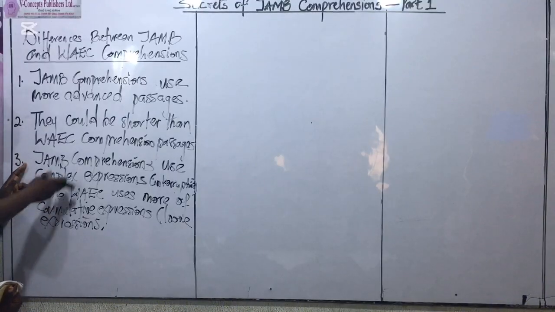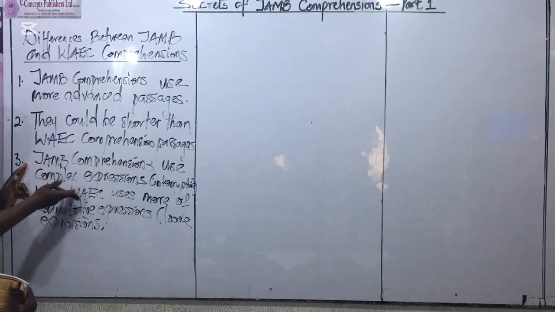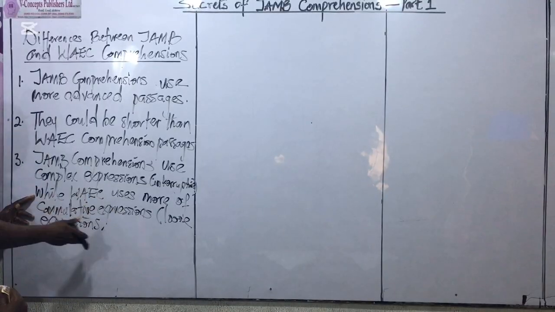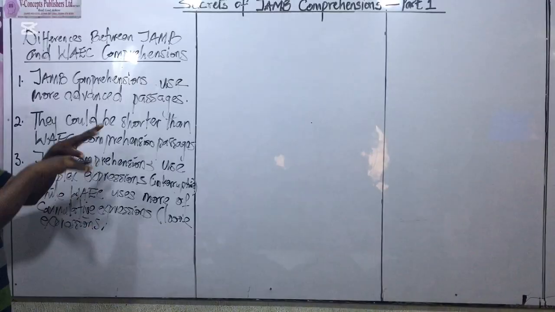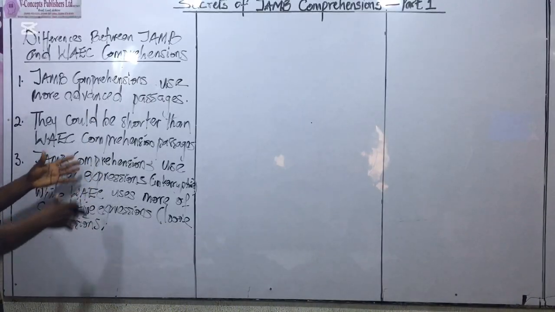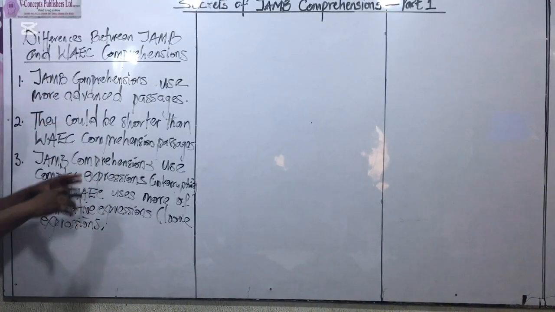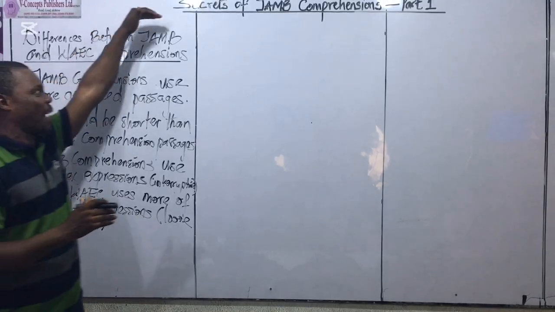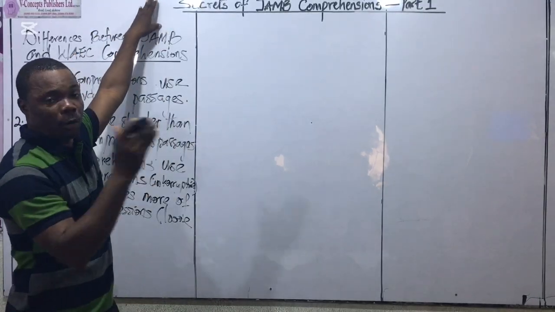Number 3, JAMB comprehensions use complex expressions or disruptive expressions, while WAEC uses loose expressions. So in this video, we are going to try to highlight these tips and then try to understand JAMB comprehension very clearly under the caption, Secrets of JAMB Comprehensions Part 1.